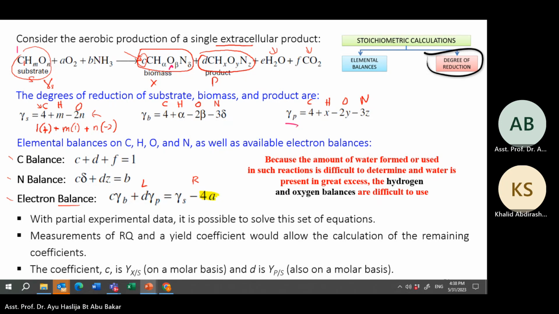Negative 4A. Oxygen, yes, correct. The valence electron for oxygen, 2. Okay, here is 2 multiplied by the valence electron of oxygen, then multiplied by A.